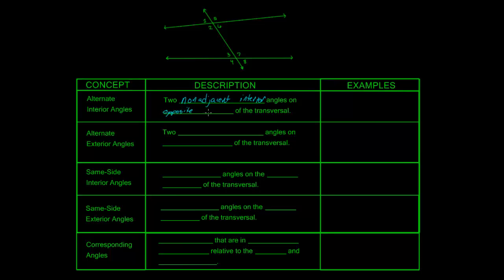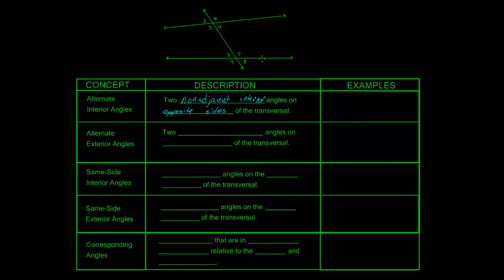Let me read this one more time. As a whole, there are two non-adjacent interior angles on opposite sides of the transversal. So you should be able to note that they are not adjacent, so they are not going to be sitting side by side. Let's look at an example of such.